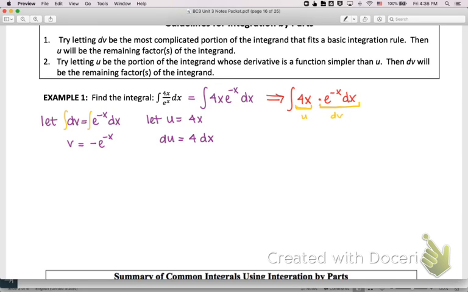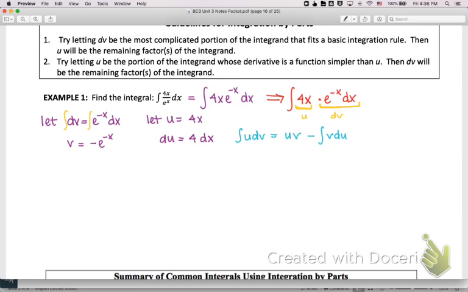So we've accounted for all parts of this integral. So here's the rule. The integral of u dv is always going to be equal to u times v minus the integral of some voodoo, v du.